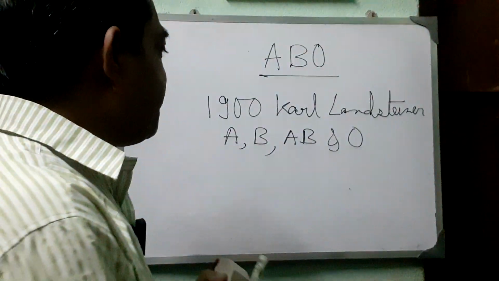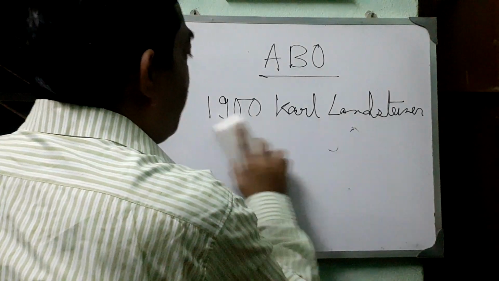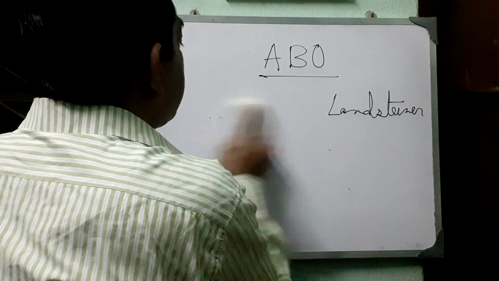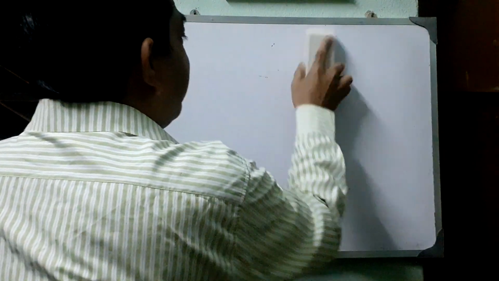Now, these are the four types of blood group, and the occurrence of the blood groups in the Indian population is generally like this.